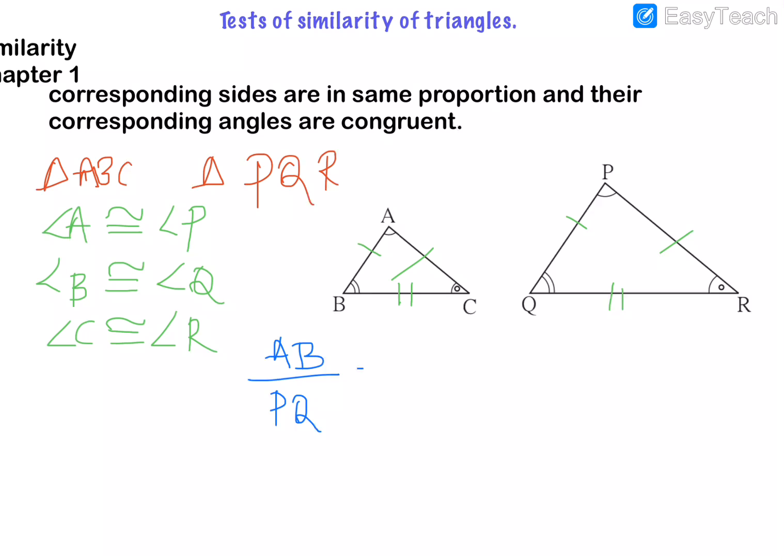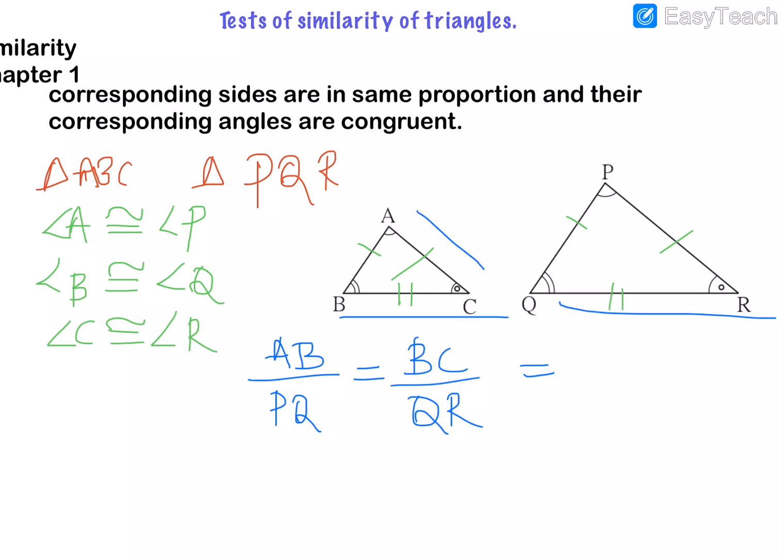AB by PQ is equal to BC by QR, where BC is the side of the first triangle and QR is the side of the second triangle, which is equal to the third side ratio AC by PR.